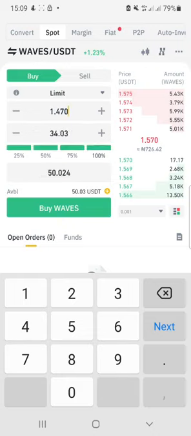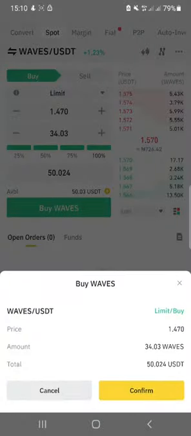Once you click 100%, you see the amount here. I'm using $50 to buy Waves, which means I'm using all my dollars to buy this. Now that we've done setting that, we click on buy Waves.